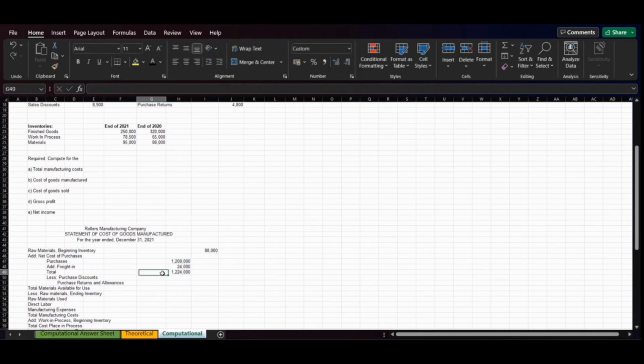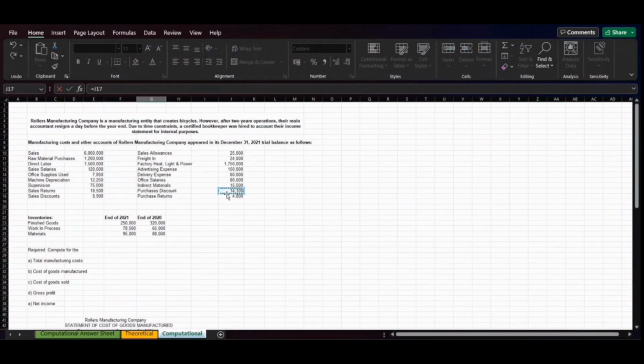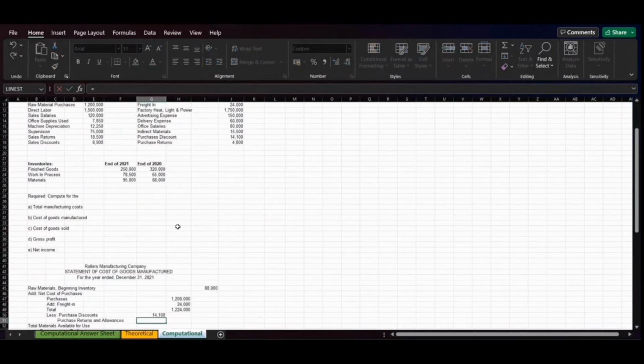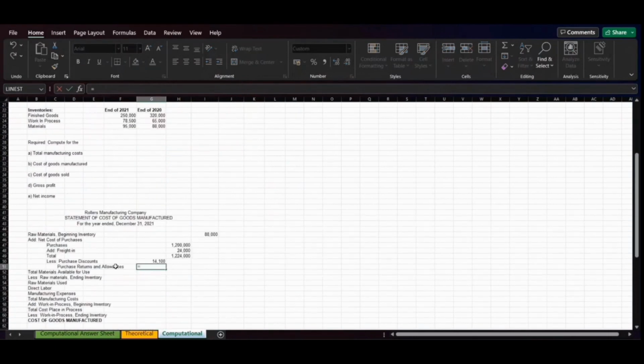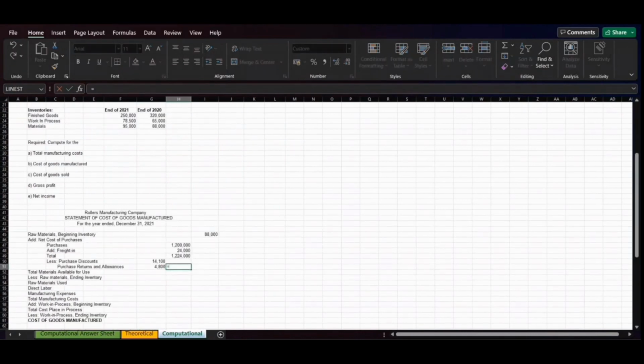Ito natin yung freight in. Then, proceed tayo sa purchase discounts. So, for our purchase discounts, ang purchase discounts natin is, and ang purchase returns naman natin, or purchase returns and allowances, since wala tayong allowances, purchase returns na lang muna. So, 4,800. So, total din natin siya.